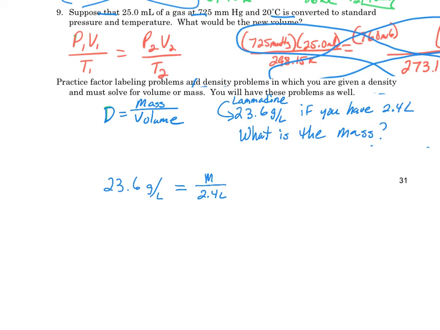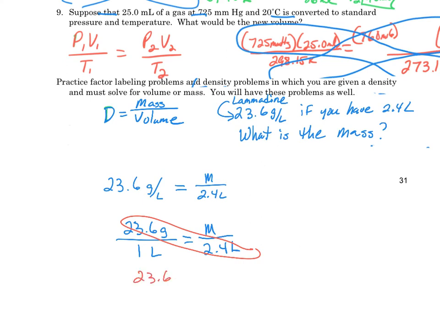So 23.6 grams per liter, really what we're saying is 23.6 grams per 1 liter. So now I can cross multiply. So I'm going to do this side first. And then I'm going to cross multiply the other side.